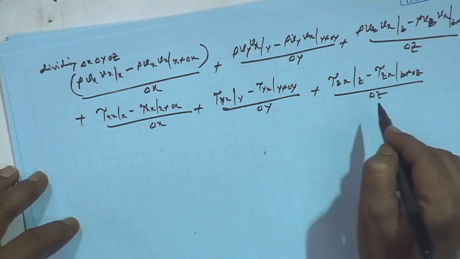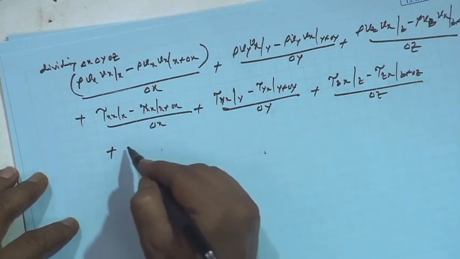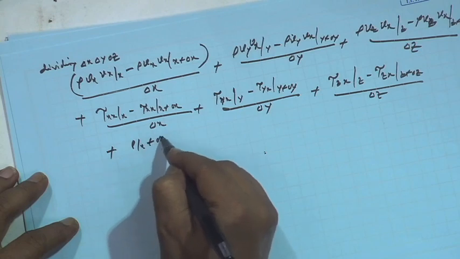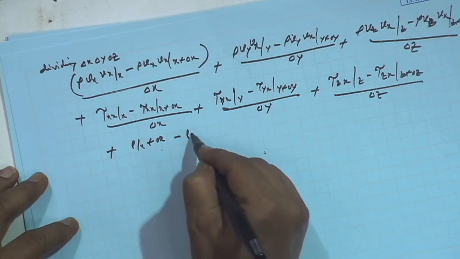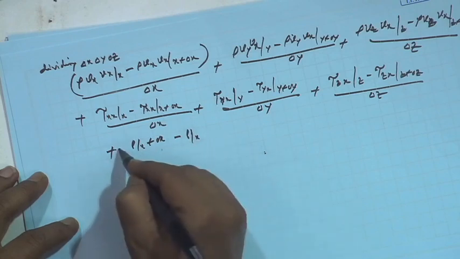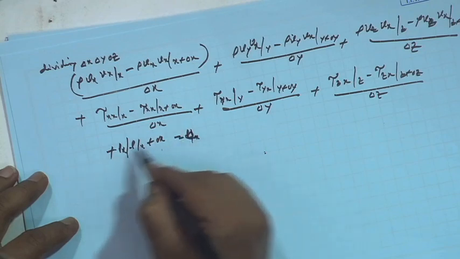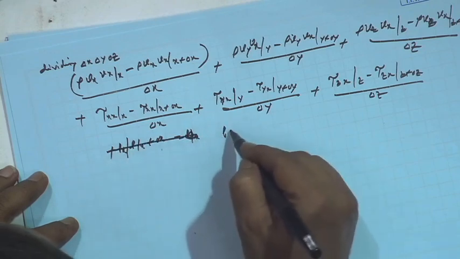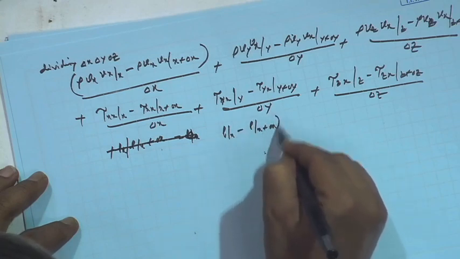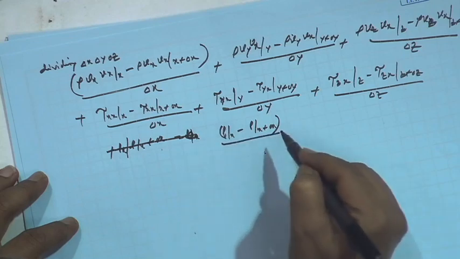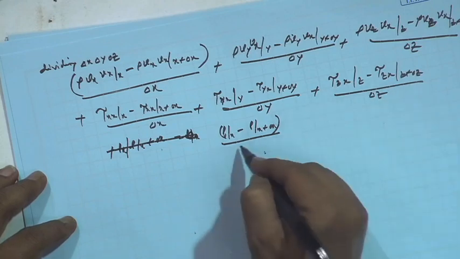So, this equals, and plus the pressure terms, sorry, P at x minus P at x plus delta x. It should be clearly written P at x minus P at x plus delta x divided by del x, since we also had del x, del y, del z.